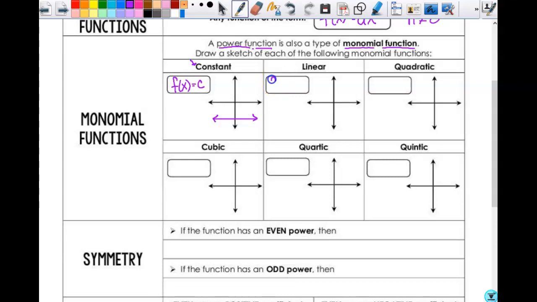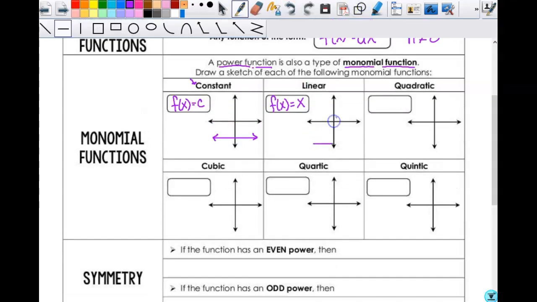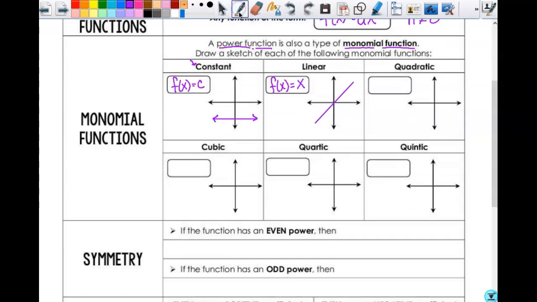We know that linear is f of x equals x, so that one looks like this. Then we have a quadratic, f of x equals x squared. We know that looks like this. We have a cubic, f of x equals x cubed. That looks like this.